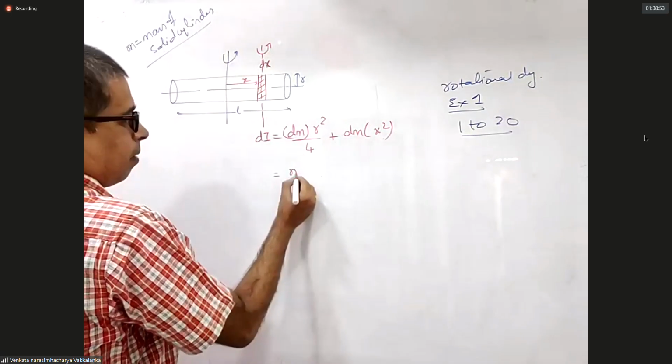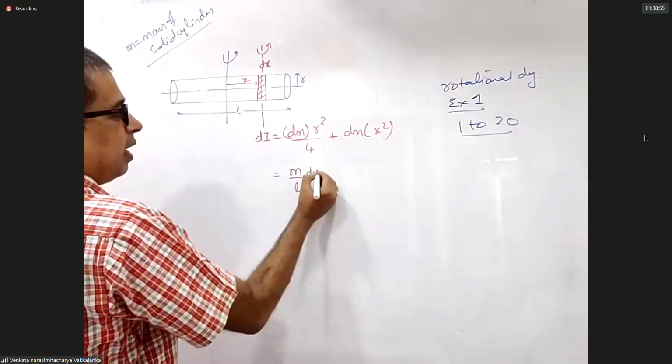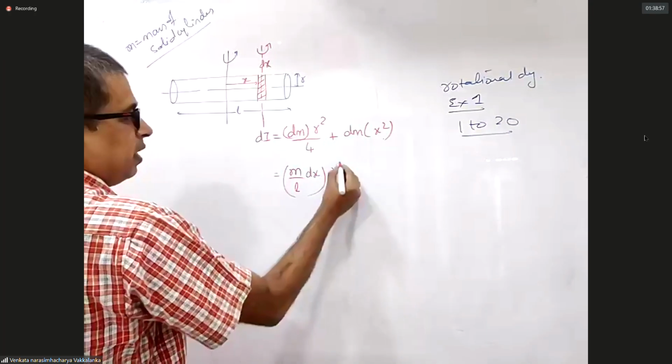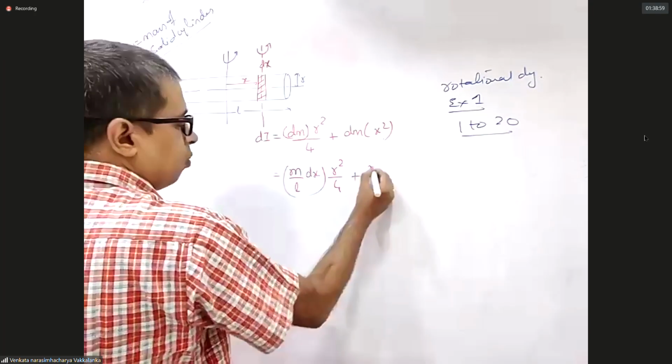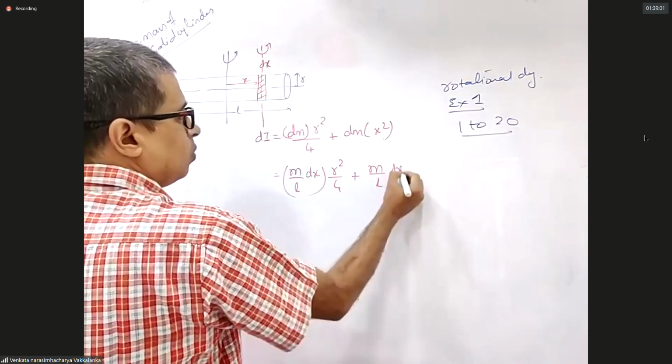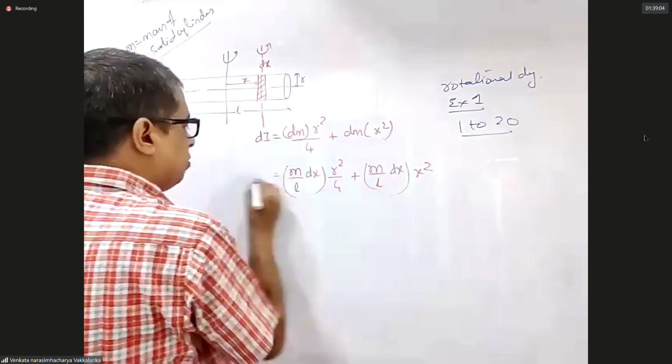Mass per unit length into length of the element, r square by 4, plus mass per unit length into length of the element, x square.